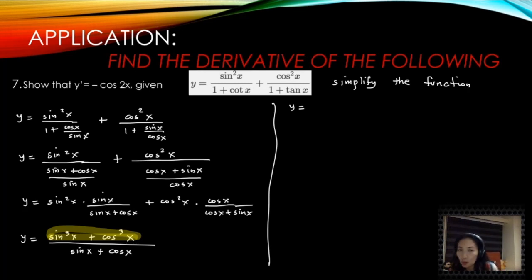For x cubed plus y cubed, how do we factor it? What are the factors?